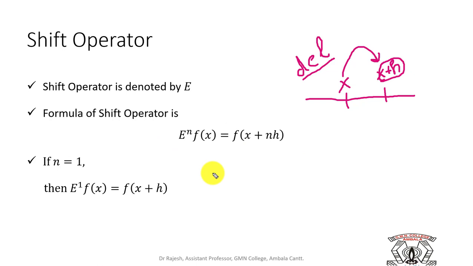If I show you for the two case, here is E square applied on f of x. So how will you write it down? You will write it down something like E, here is E, and this is applied upon f of x, and this bracket closes.